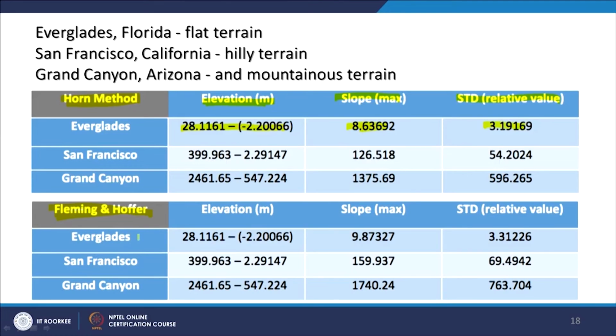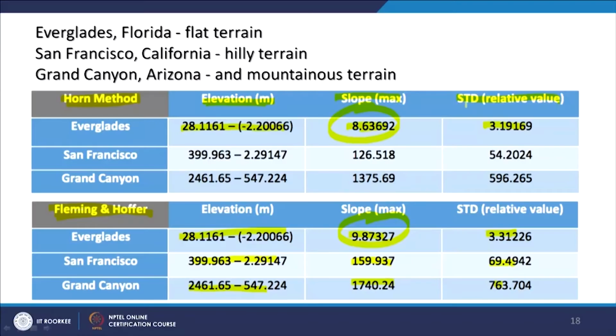Similarly, for the same different regions, the values are varying, slope of course will vary, and the STD are varying. So, if we compare this slope maximum with this slope maximum, obviously, as I also discussed in the previous lecture, the results are going to be a little different. Similarly, here the deviation, so the relative value here is this, also has little different variations.